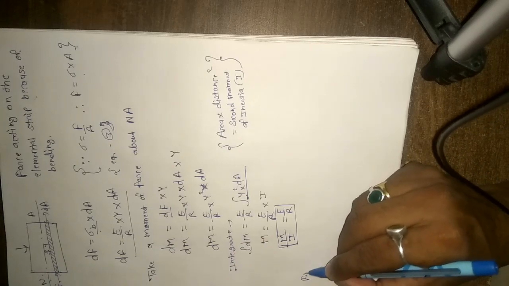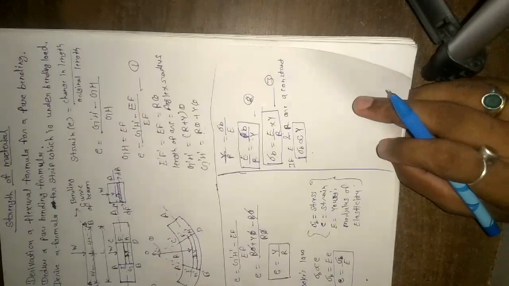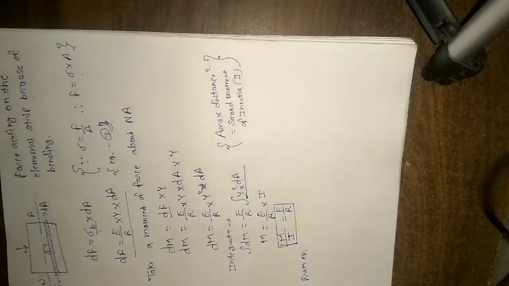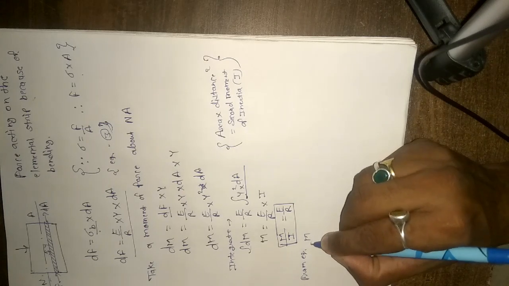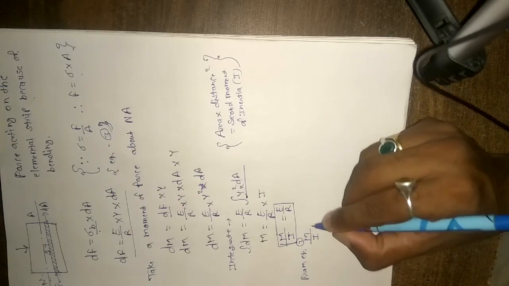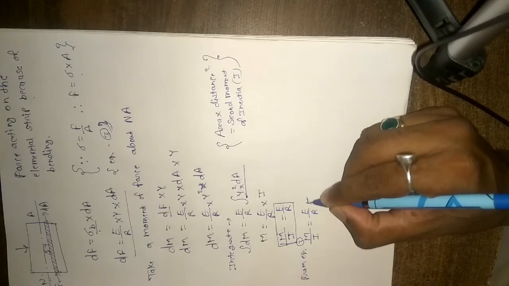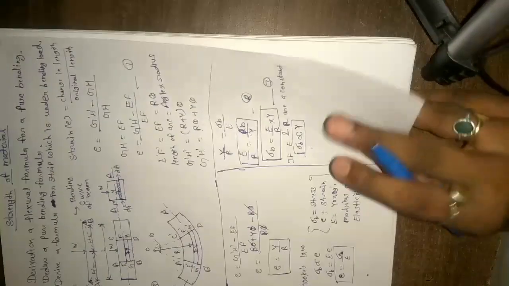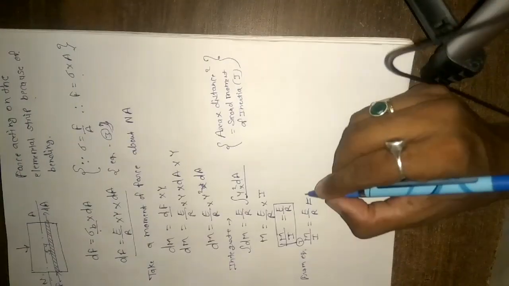So again, from equation number 2, M upon I equals E upon R equals sigma b upon y.